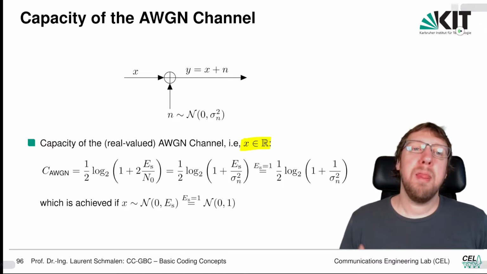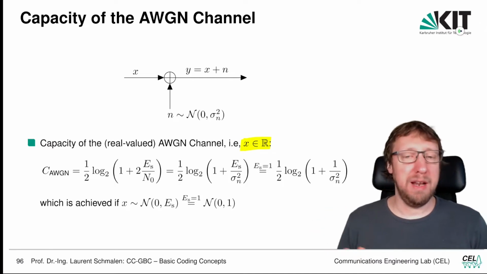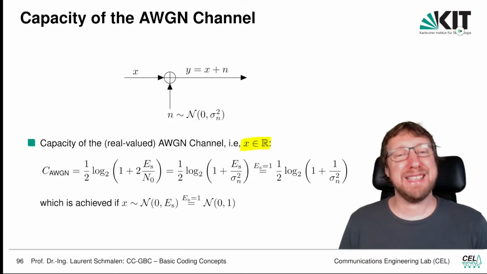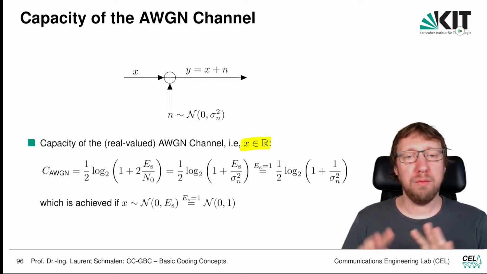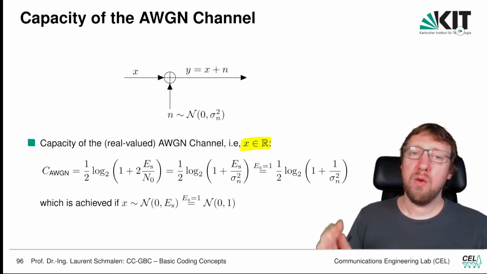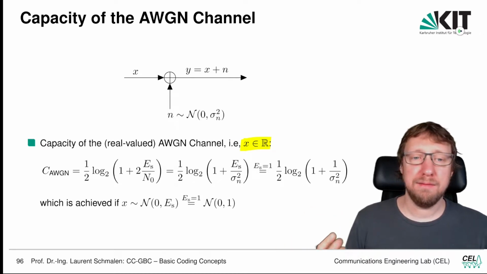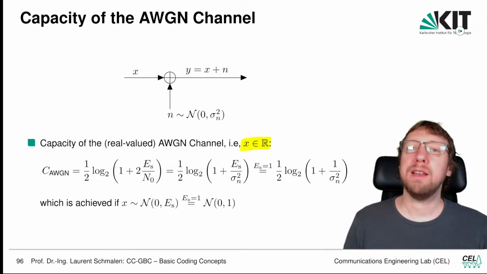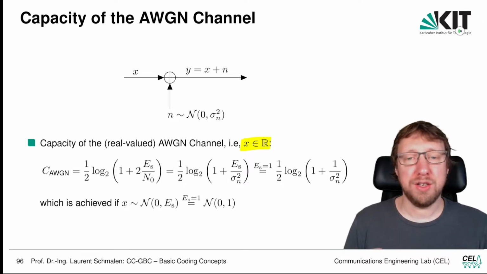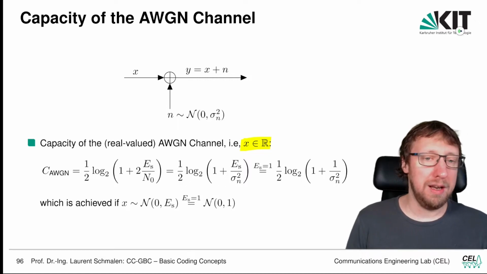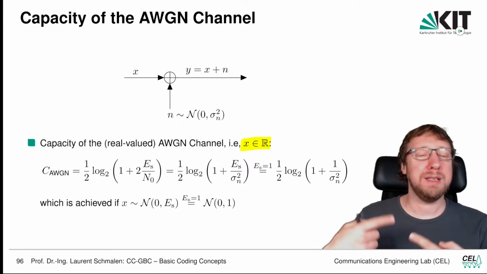This is the best possible AWGN channel that has the highest capacity. If we don't put any constraints on the input, we can play around with the input and we can select the input as we like it, with no constraints, and we get the best possible capacity. That's why it's interesting to look at this channel, although it's not practical, because our codes will give us bits.